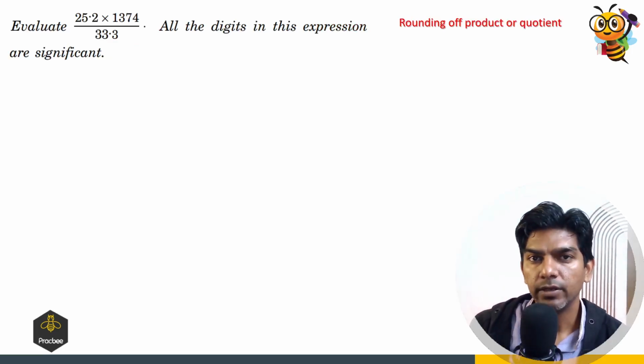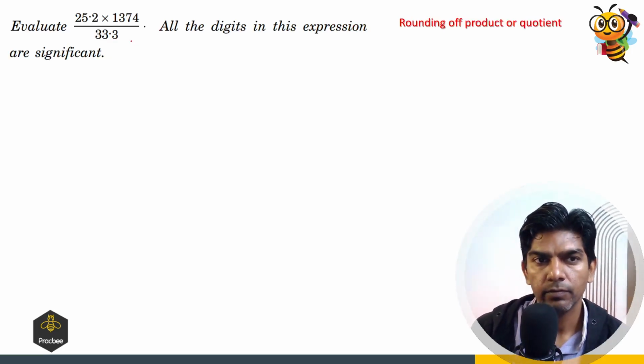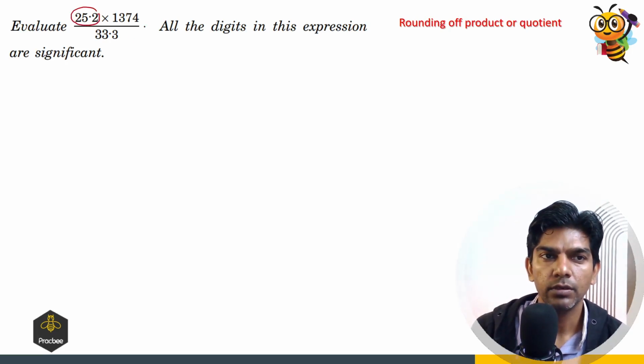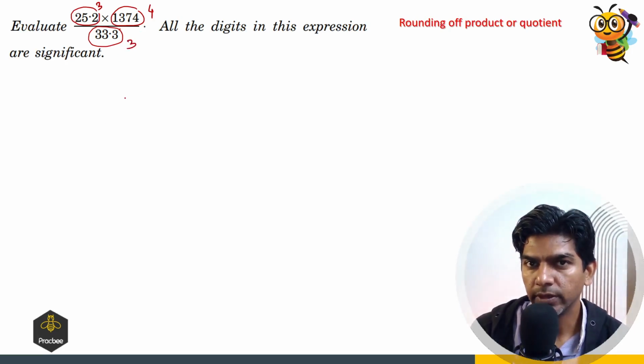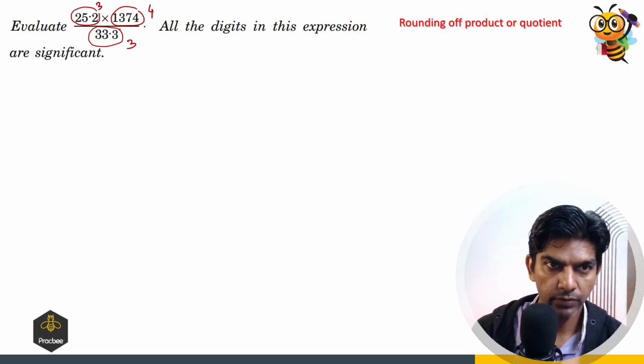In case of multiplication or division, we have to consider significant figures. Now 25.2 has 3 significant figures, 1374 has 4 significant figures, 33.3 has 3 significant figures. So our answer should be up to 3 significant figures. Let us simplify this. So 25.2 times 1374 divided by 33.3.